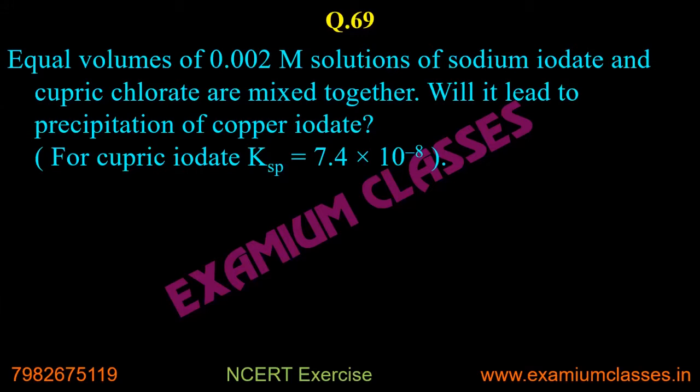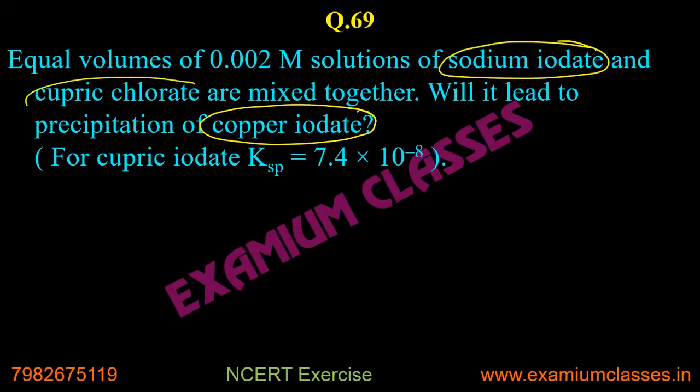Here we are talking about precipitation of copper iodate. If precipitation we are talking about, we need to write equilibrium reaction for copper iodate. We will use other information, for example, sodium iodate or cupric chlorate, to calculate the ions which will be used to precipitate copper iodate.